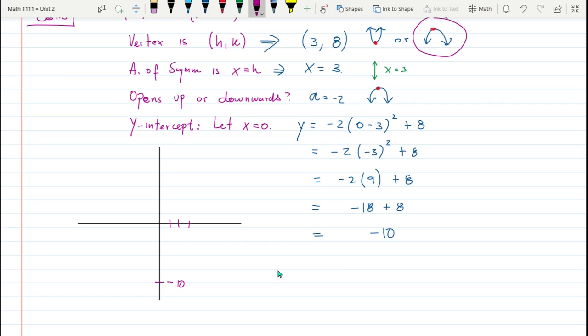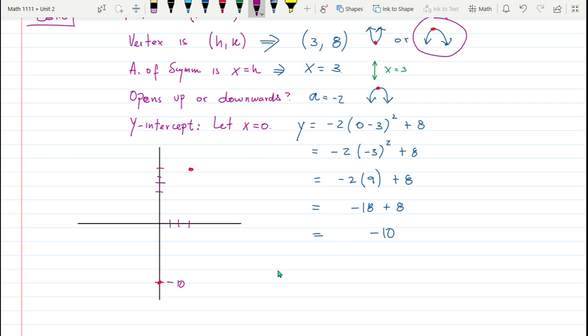So we'll say maybe here's 5, 6, 7, 8. It's going to be right here. So we know that our graph is going to go through those 2 points. And we could get even more accurate, but for now I'll just leave it like that.